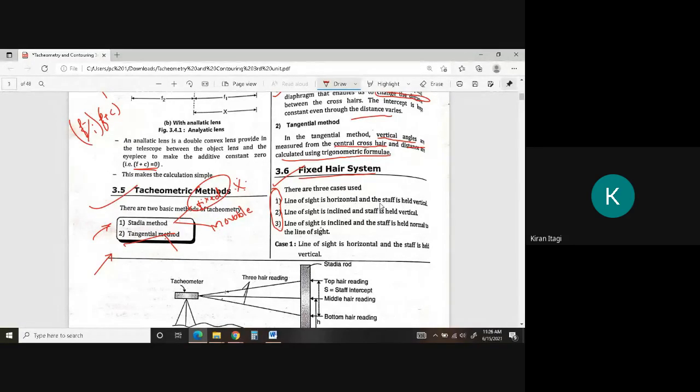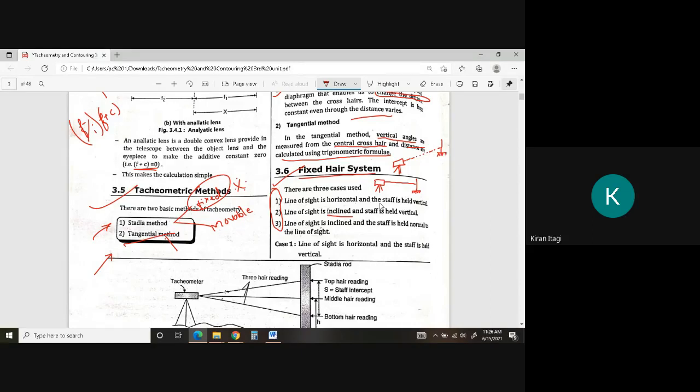They will ask the different types of tachometric method, and the different conditions in the fixed hair method. As the name indicates, in the first case the line of sight is horizontal and the staff is held vertical. If I draw like this, this is my line of sight, completely horizontal, and my staff is also kept vertically. In the second case, the line of sight is inclined but the staff is held vertically.